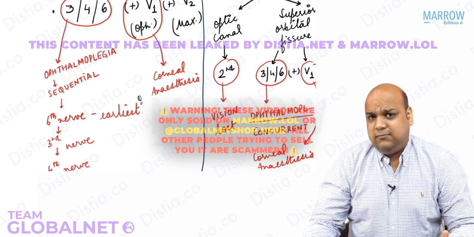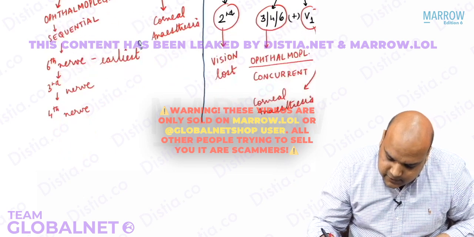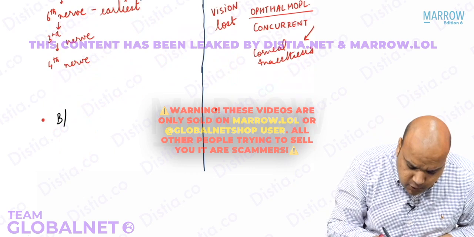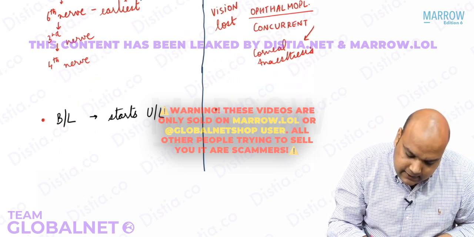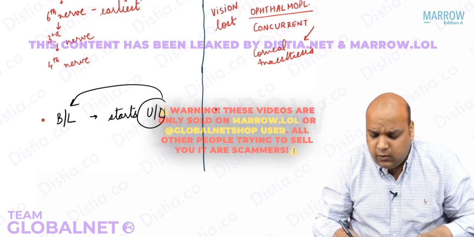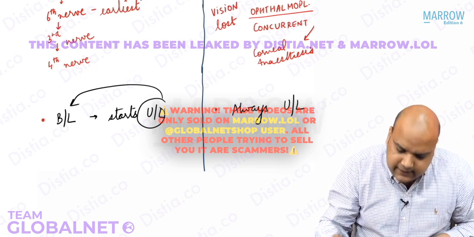But if still you are not able to differentiate, then let's see the other points of difference, everybody. Cavernous sinus syndrome is almost always bilateral. It starts unilaterally, but then it becomes bilateral. But orbital apex syndrome will always be unilateral.